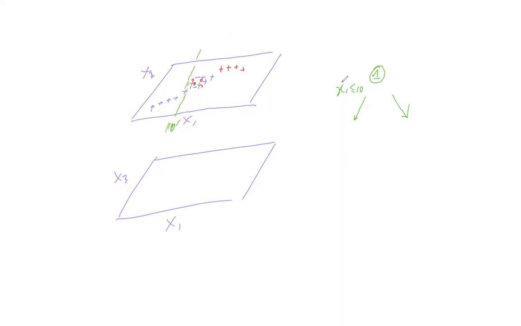This is 10. So with this partition, this group, they are all plus, okay? So let's say now your x1 is larger than 10, right? So it will include this group, okay? Now, you see that here there's a mixture, right?